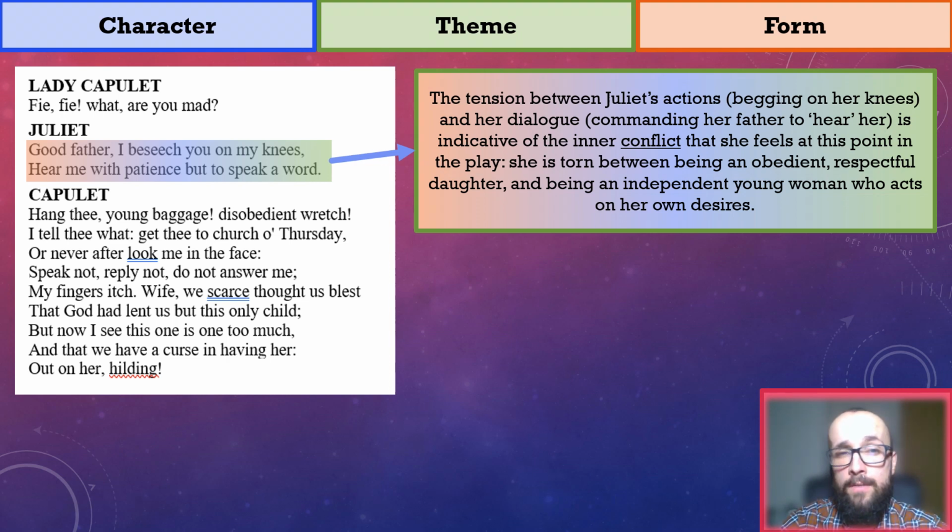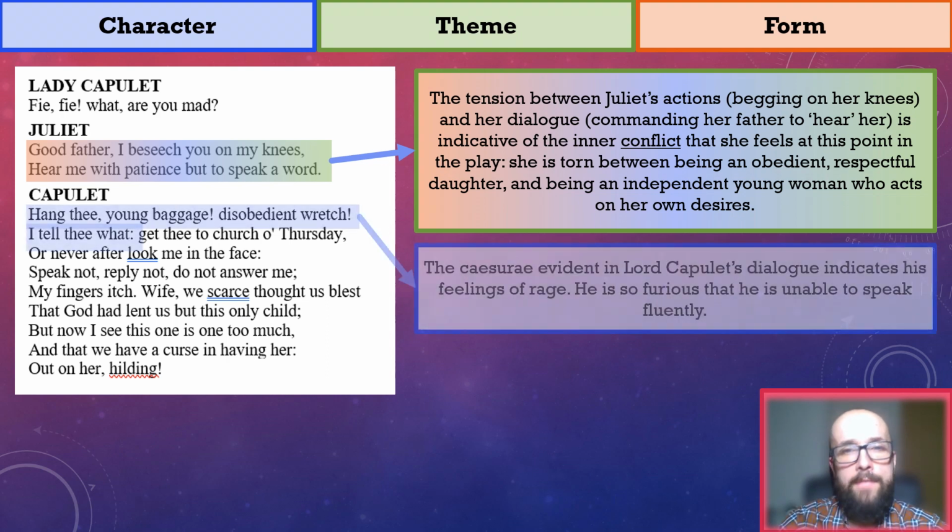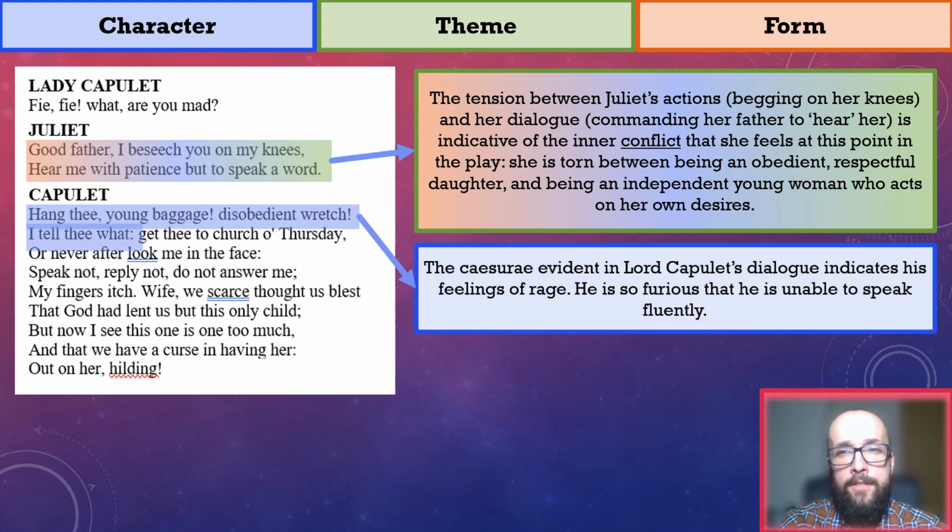Lord Capulet, though, does not listen. He continues to insult Juliet. His feelings of rage are evidenced by the caesura apparent in his dialogue, for they suggest that he is so enraged that he is unable to speak fluently.